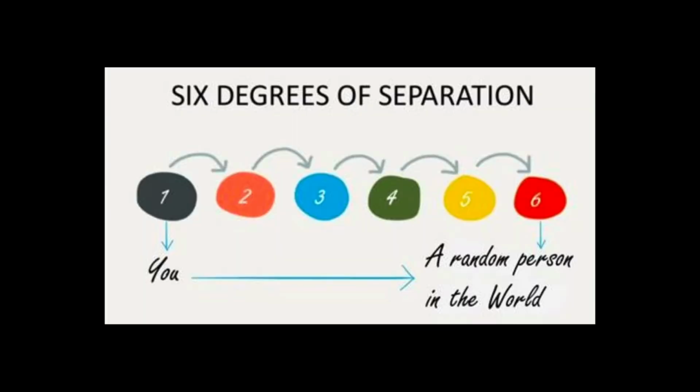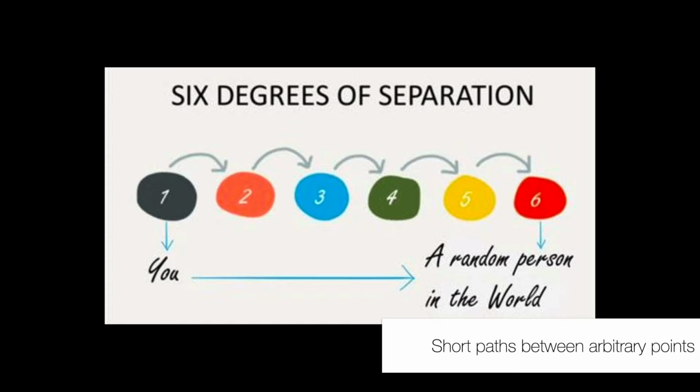This idea of 6 degrees of separation is that between you and some random person in the world, there are only 6 steps, or five steps rather, between you and anybody in the world. In the terminology of graphs that we've been talking about, we can refer to this idea as short paths between arbitrary points, or that the diameter of small world graphs should be small.